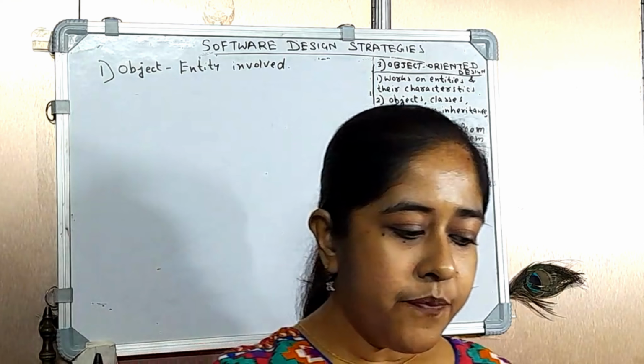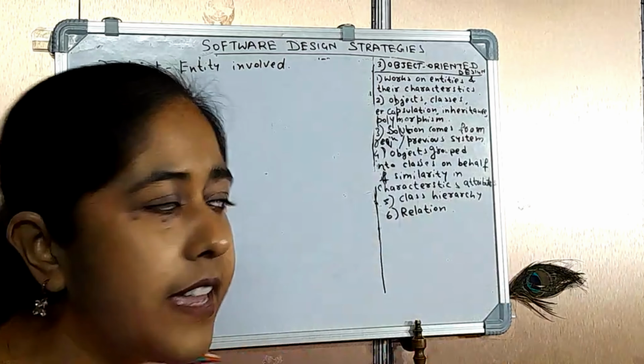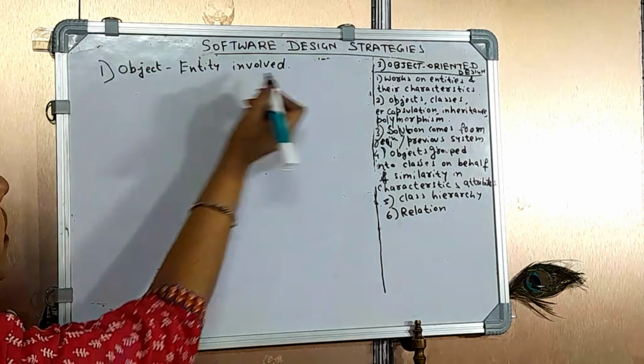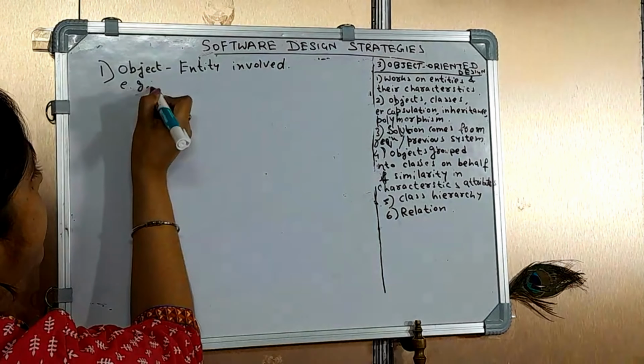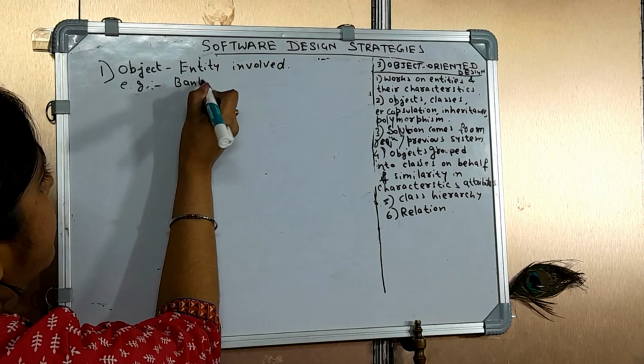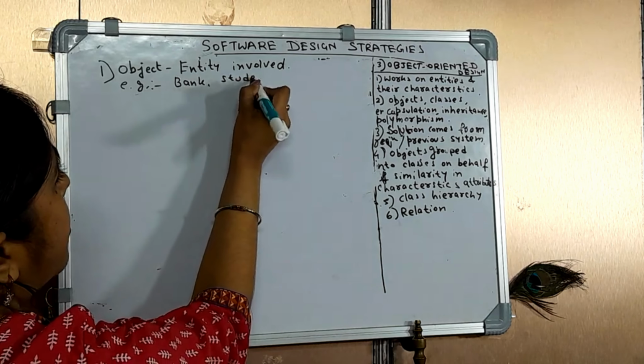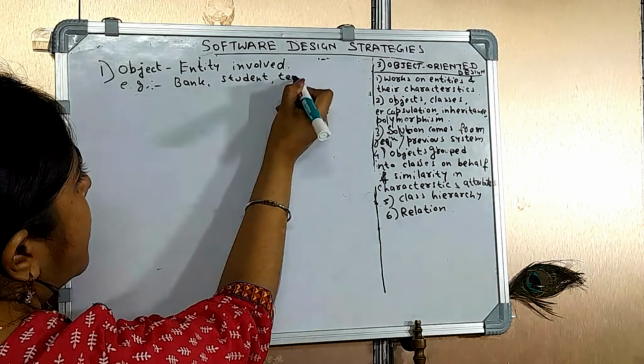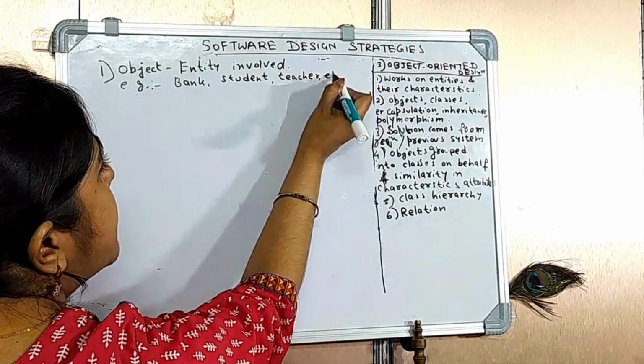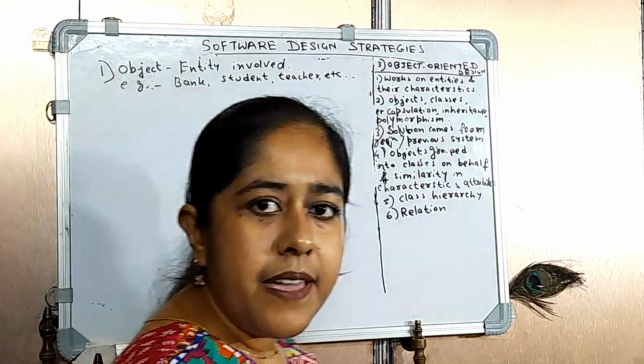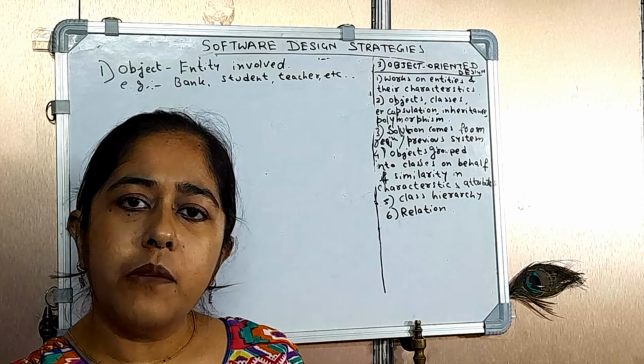An object is mainly an instance of a class. We will see what a class is now. For example, object can be bank, student, teacher, etc. So these are basically entities, meaning objects. We are working upon these objects.